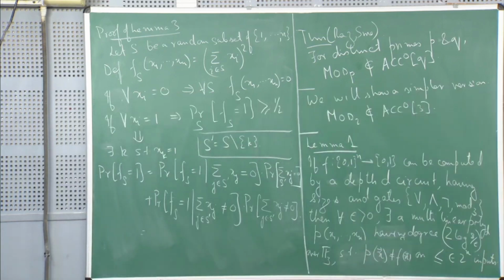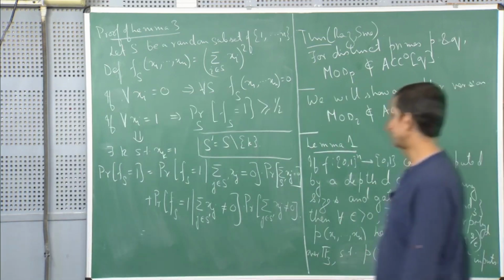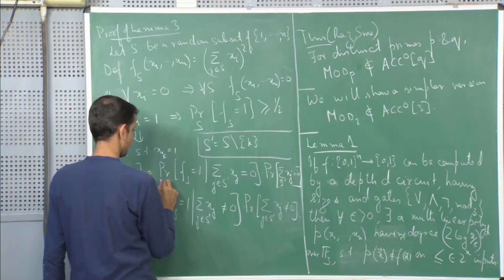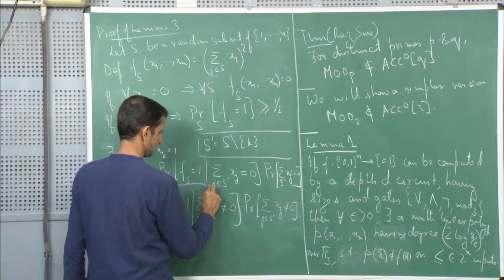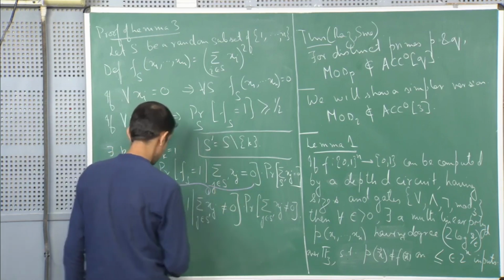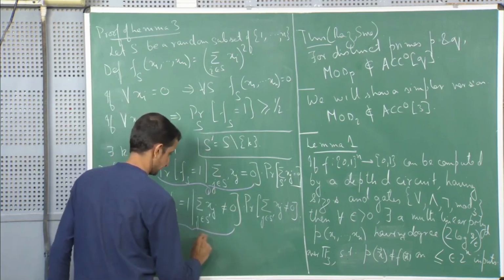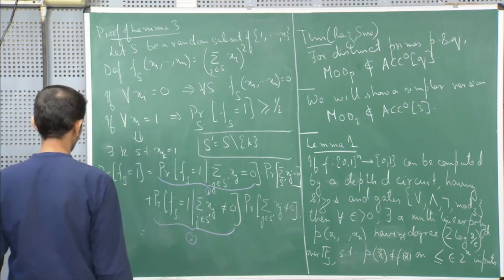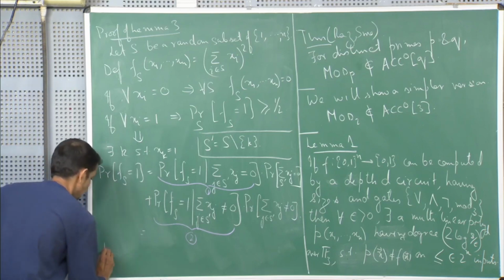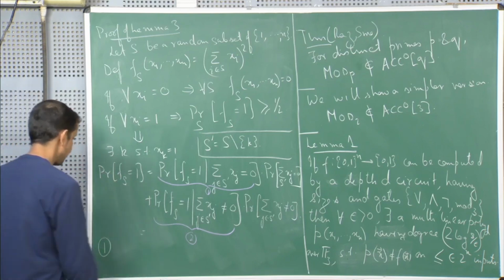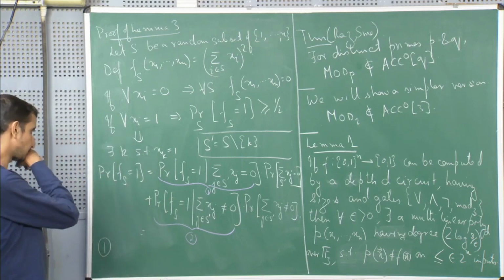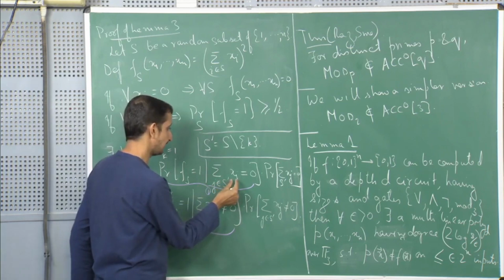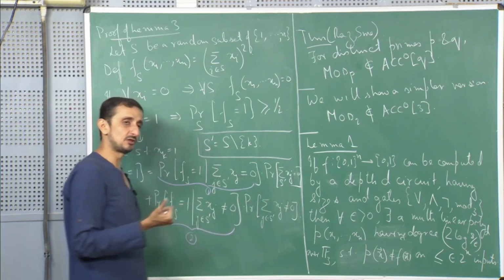Now, I will estimate these two terms. Let us say this term over here, let me call this 1, and this term over here, let me call this 2. I will just estimate the probability of 1 and 2. So, how much is the value of 1? Note that if this sum is equal to 0, what does this mean?